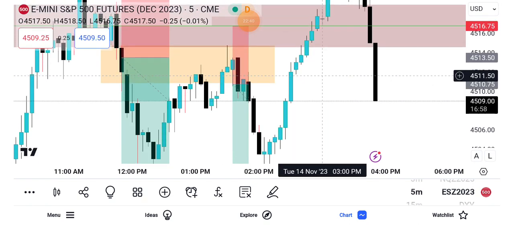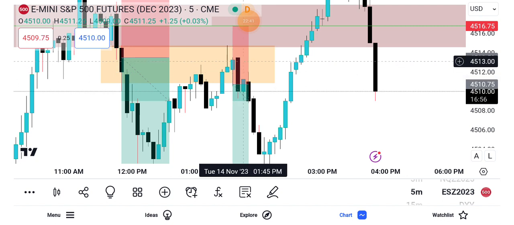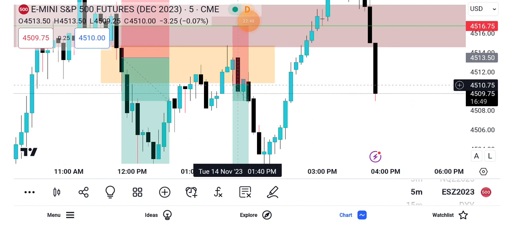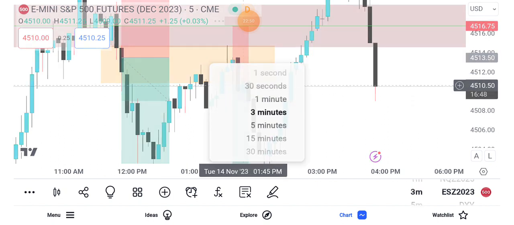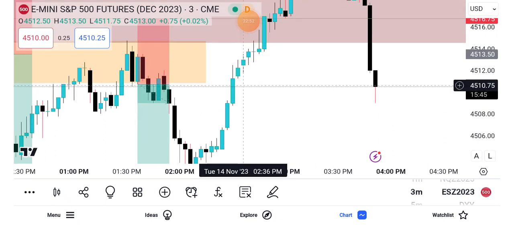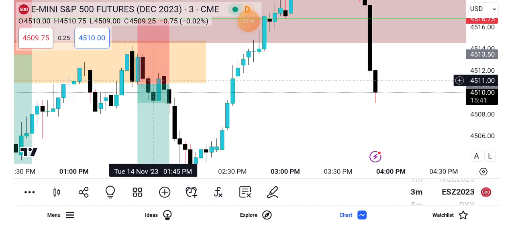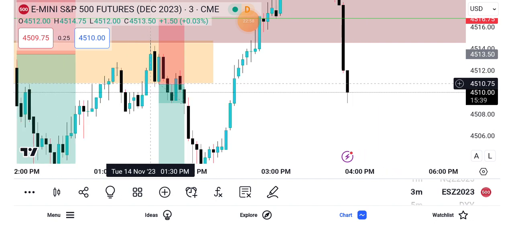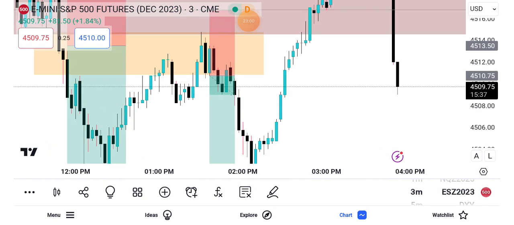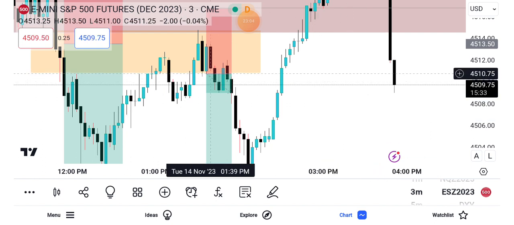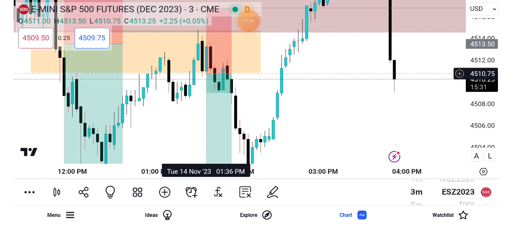Then on the 5 minutes chart, you can see this candle fully engulfed this candle here, and another candle had formed. So I dropped to a 3 minutes chart and entered. You can see what I was explaining before. This entry was exactly at the low of the bullish candle.